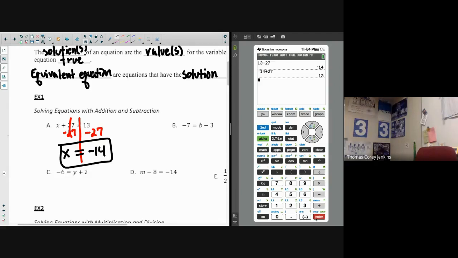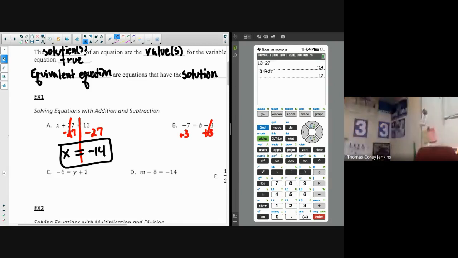Okay, looking at example B, I want to isolate B, so what's with B? Minus 3, so to undo minus 3, I'm going to do plus 3 to both sides. I'm going to get rid of that, leave B by itself.